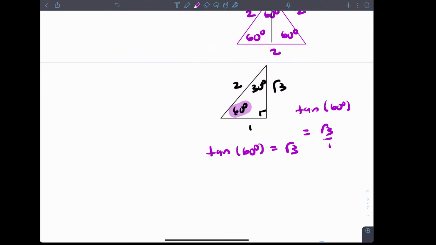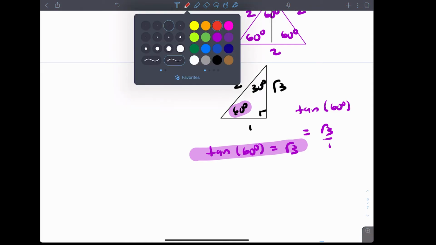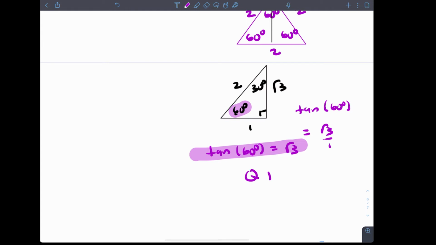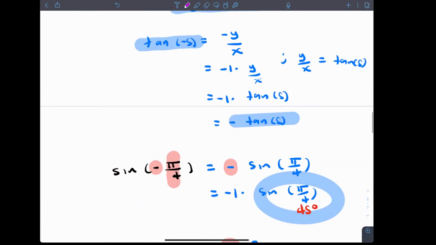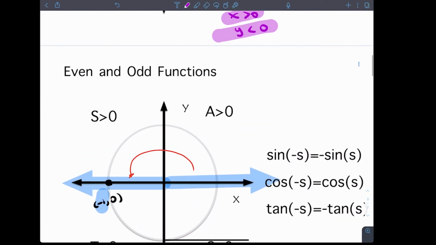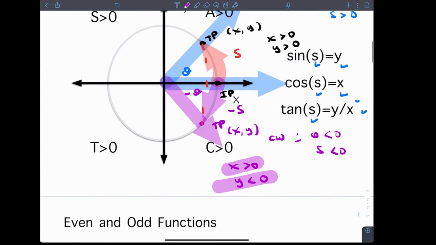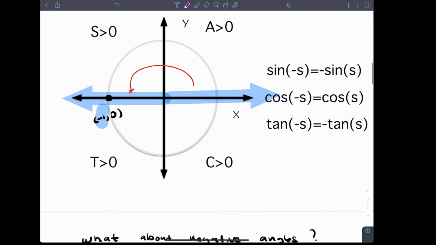So far, so good? You guys with me on that? 60 degrees is a quadrant 1 angle. This is my reference, my point of reference.